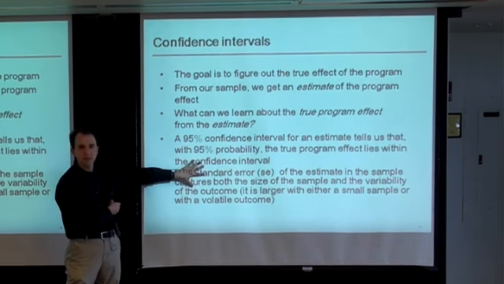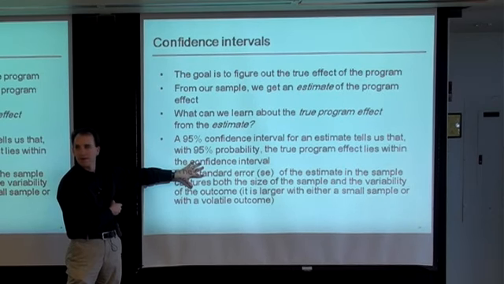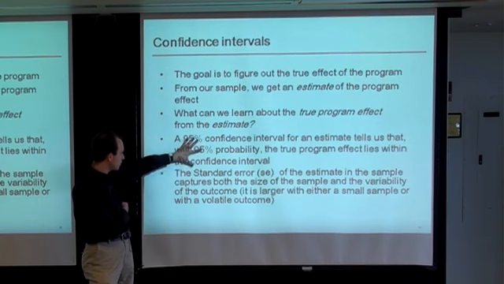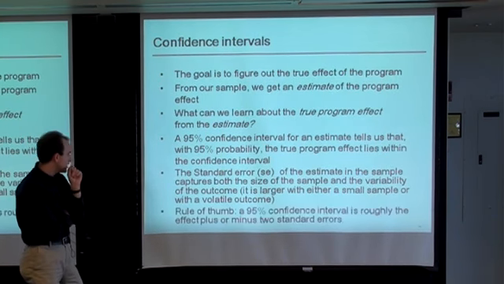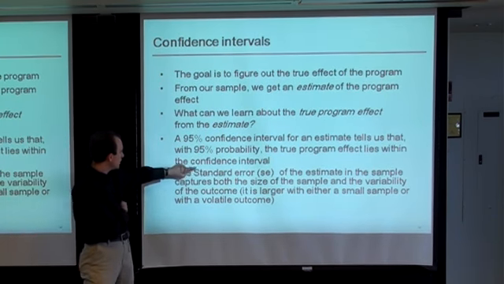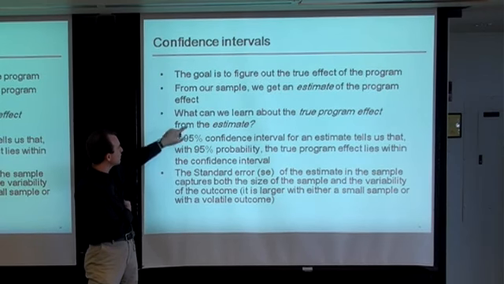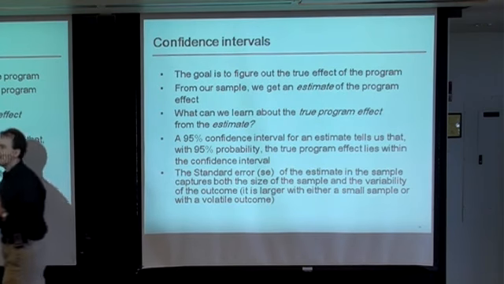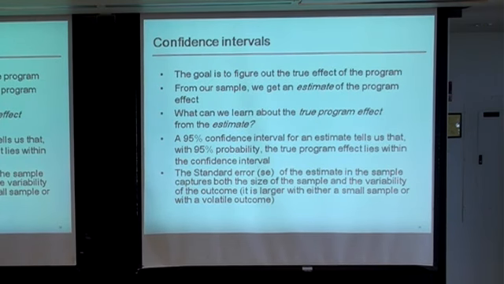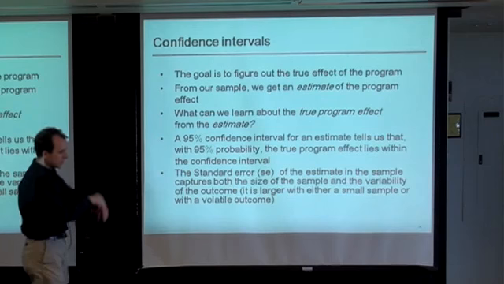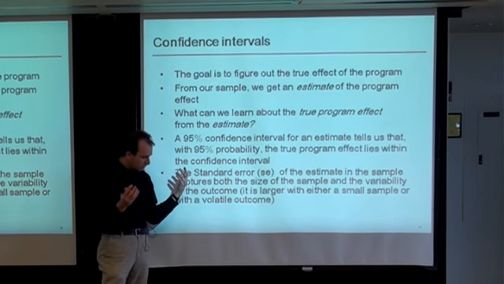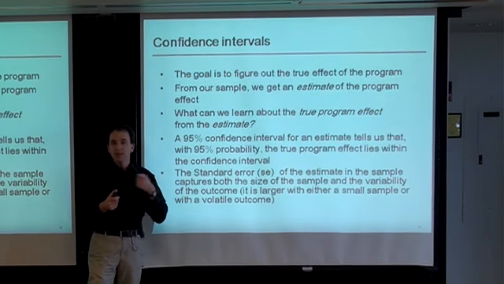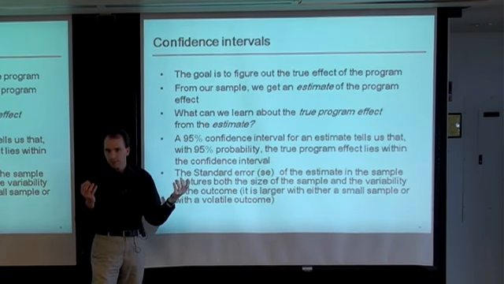How many of you have heard of the standard error? Okay. A standard error is related to the confidence interval in that if we have some estimate, you could imagine that if we did the experiment again, essentially with a new sample of people that looked like the original sample, we might get a slightly different point estimate because it's a different sample.